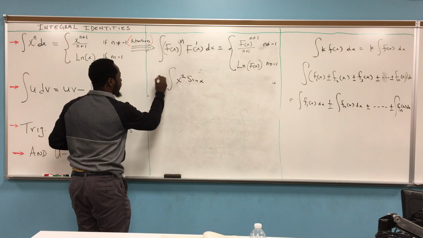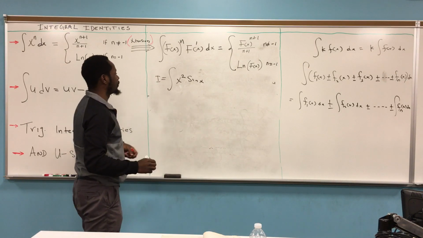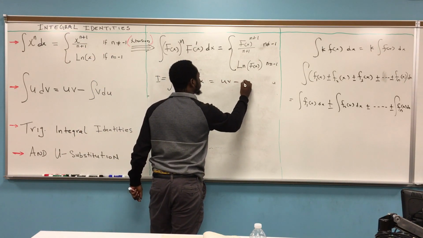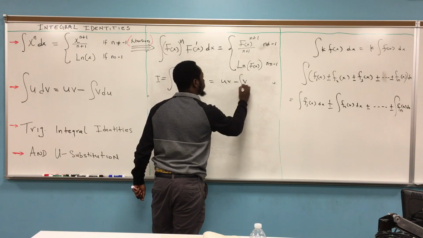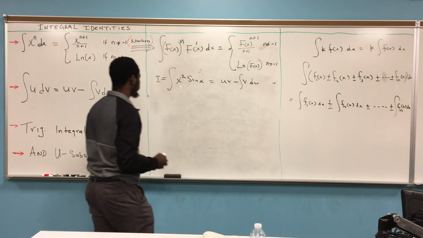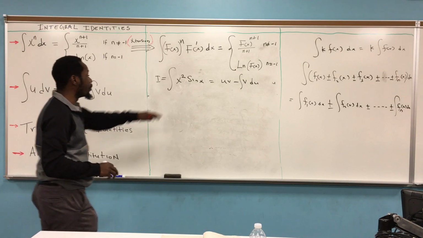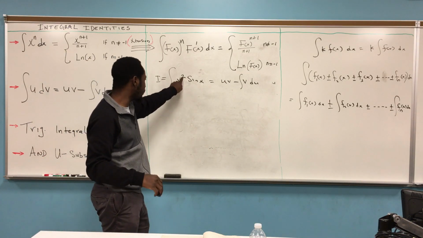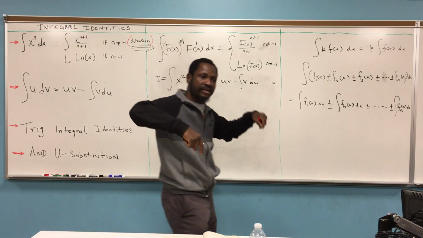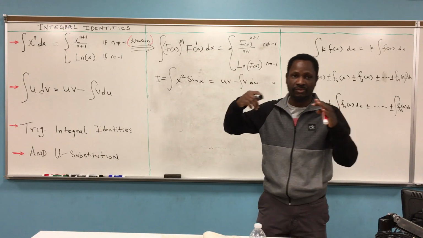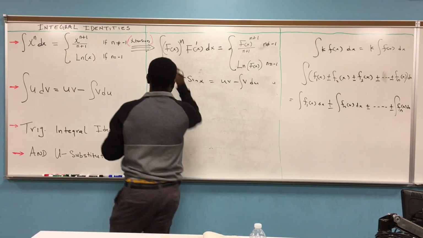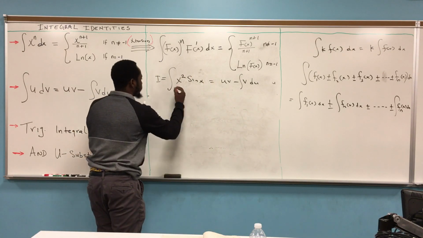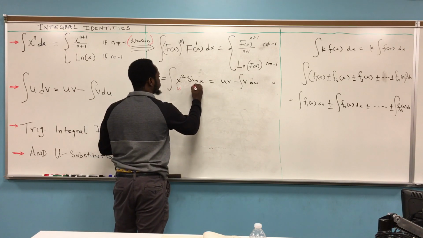I will call this I. So I is uv minus the integral of v du, right? Now I want this to go away. When I differentiate this the first time, the power drops down. I differentiate it the second time, it becomes a constant. So it's easy to see that this is my u and this is my dv.